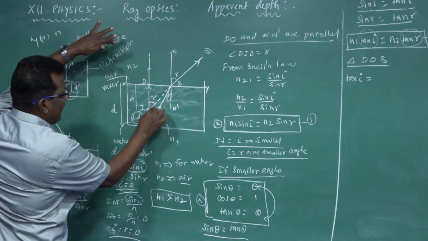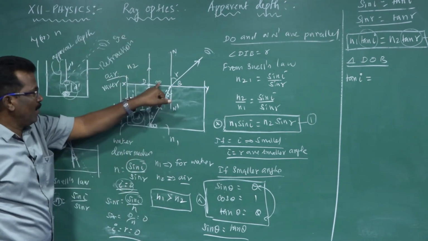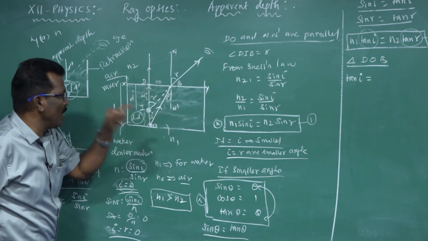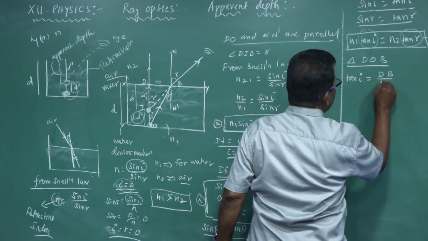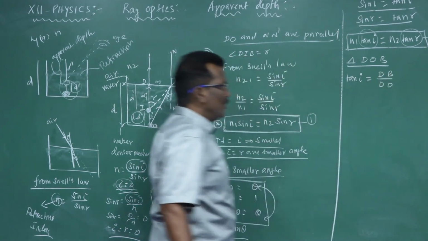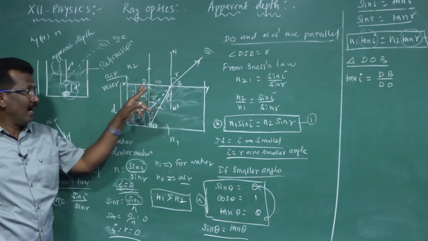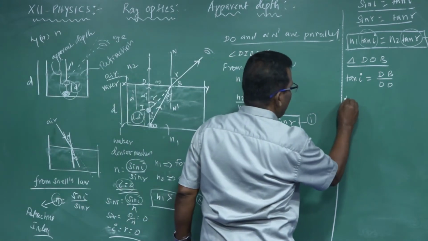This is I, it is opposite, and this is adjacent. What is opposite? DB divided by DO. So tan of an angle is always opposite divided by adjacent: opposite DB, adjacent DO.